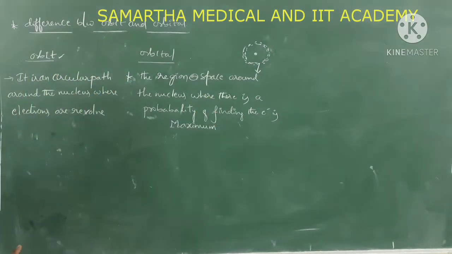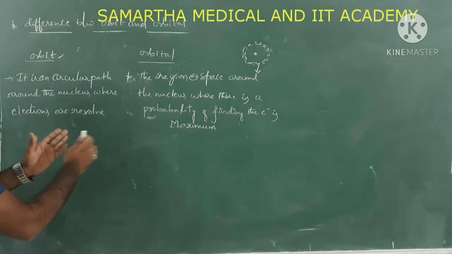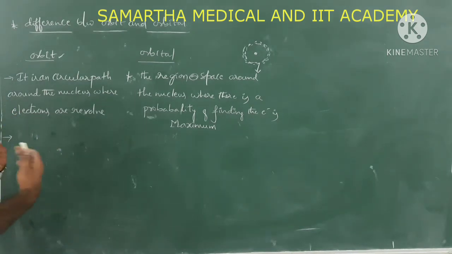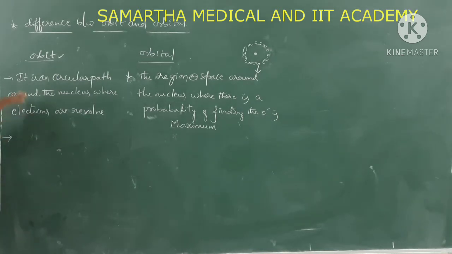Yes, guys. So this is the difference between orbit and orbital in terms of their definitions. Next we'll go with their shape. How does an orbit look like and how does an orbital look like? Orbit is a circular shape.